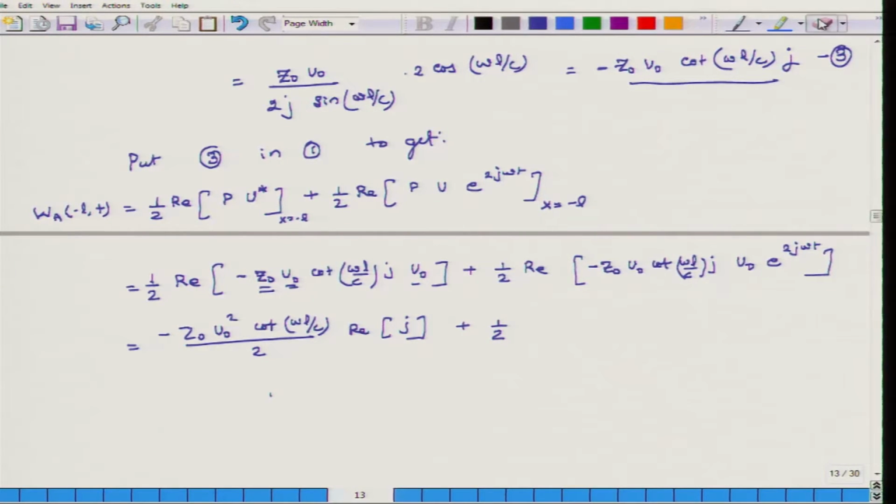so excuse me, I will just erase this. So, minus Z naught u naught square cotangent omega L over C, the entire thing divided by 2 times real of j e to the power of 2 j omega t.